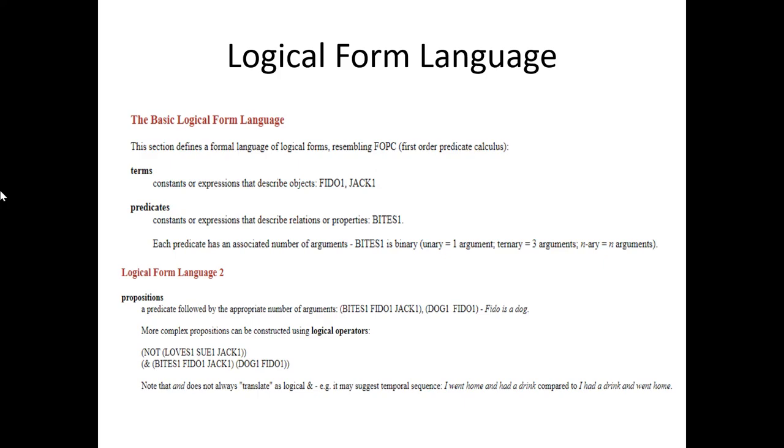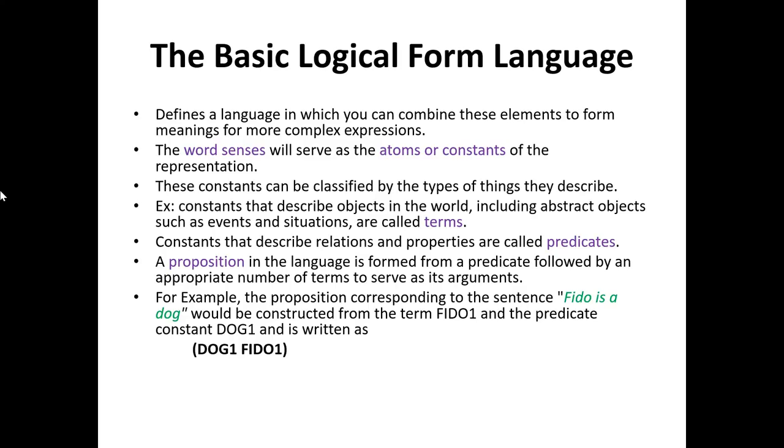They can be a single argument, a binary argument, ternary argument, or n-ary arguments. There is also a thing called a proposition. A predicate followed by an appropriate number of arguments is called a proposition. Now let's take an example.